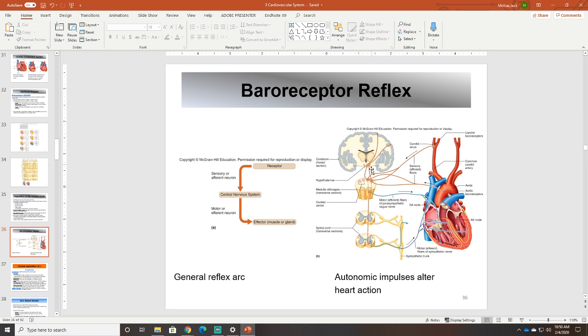We integrate all of the incoming information and then generate a response, which is sent out over the vagus nerve or out of the sympathetic trunk if it's a sympathetic response, to the heart, where we tell the SA or the AV nodes to speed up or slow down the rate of contraction. Speeding up the heart rate is going to increase blood pressure, and slowing down the heart rate is going to lower blood pressure.